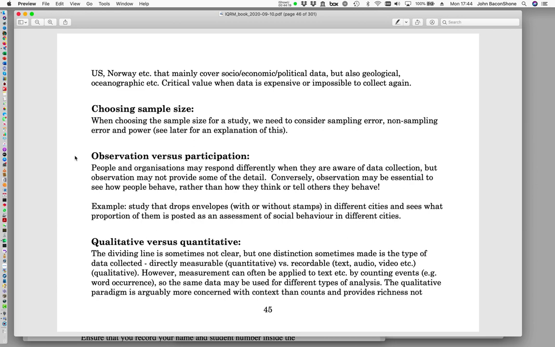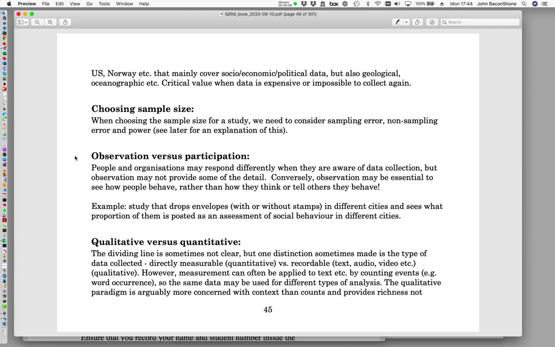Non-sampling error, as I mentioned, is much harder to assess, and so you need to know the literature well and understand the strengths and weaknesses of the methodology you're proposing and what you might be able to do to limit or restrict non-sampling error.